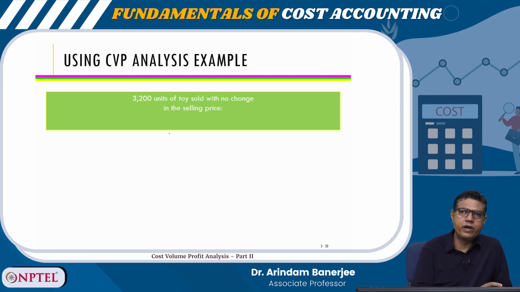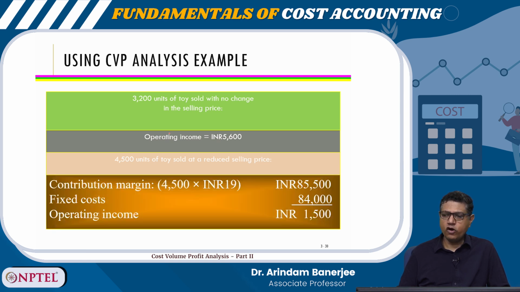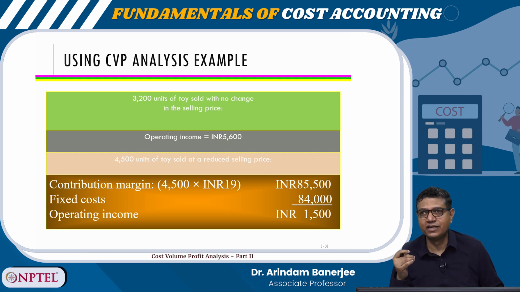So, 3,200 units of toy sold with no change in the selling price, operating income 5,600. 4,500 units of toy sold at reduced price. So, contribution margin will be now how much? Contribution margin will decrease now, because sales minus variable cost is contribution.